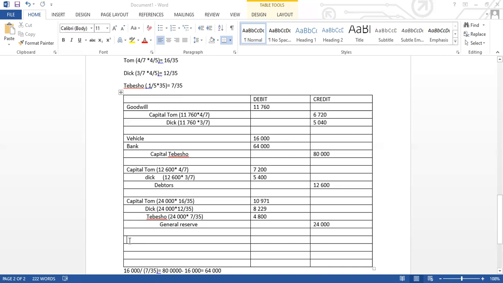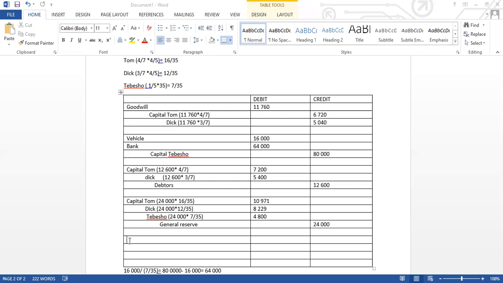When you are calculating your total goodwill, you take the goodwill that he paid, which is 11,760, and then you divide it by the total interest he bought in the partnership, which is 1/5. Then you will get 58,800, which is the goodwill. The 7/35 is actually the same as 1/5.